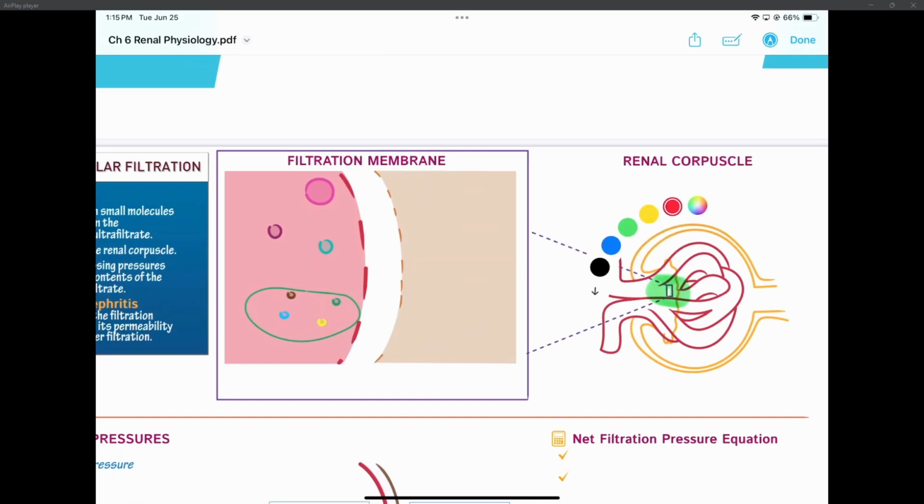So let's set this up. Here's our glomerular capillary.